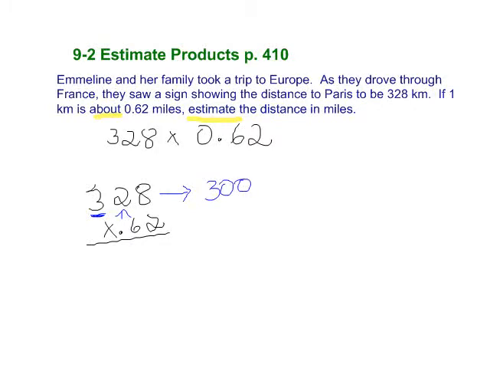We're going to do the same thing to 0.62. I'm going to look at the largest place value in this case, which is 6. And then I'm going to look at the number right next to it. Because it's less than 5, I am going to round down, so it's going to become 0.60 or even simpler, 0.6.